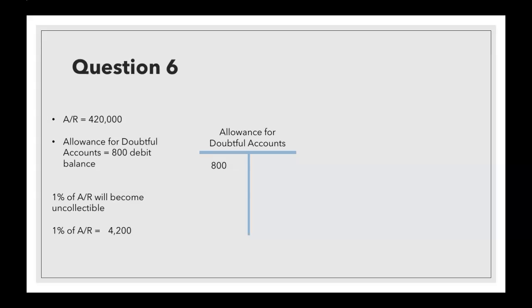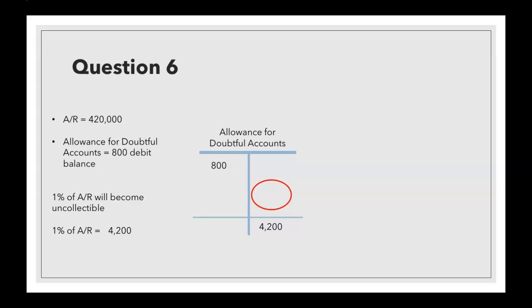But we make another T account for our allowance for doubtful accounts. And this time we're starting off with a debit balance of 800. But we still want to end with a credit balance of 4,200.